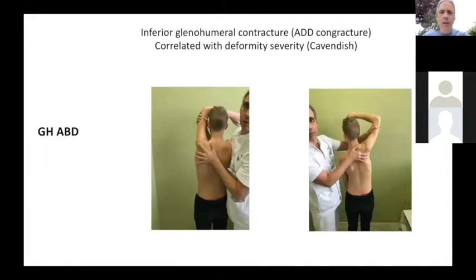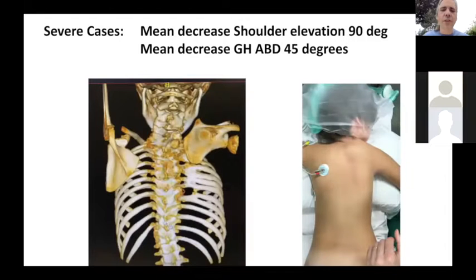But what is more important is that we also saw a statistically significant decrease in the passive glenohumeral abduction. We take as a reference the spine and the humerus, and this correlated with the degree of the deformity, with the Cavendish grade.